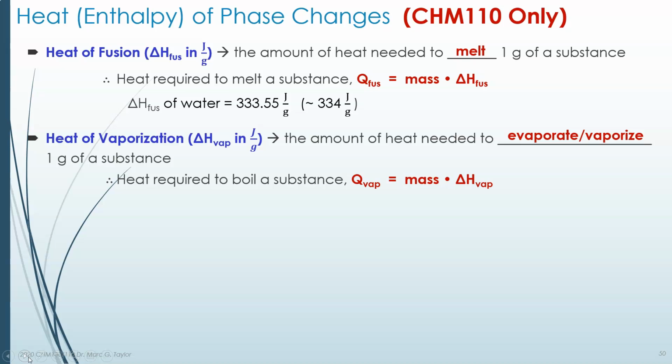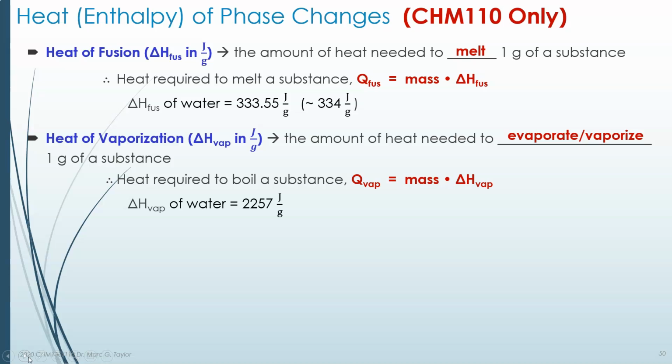So remember, these delta H values are constants for each material. Every substance has its own heat of fusion, and every substance has its own heat of vaporization. They are constants. They are energy per amount of the substance.